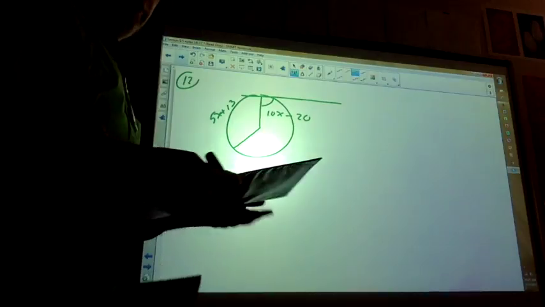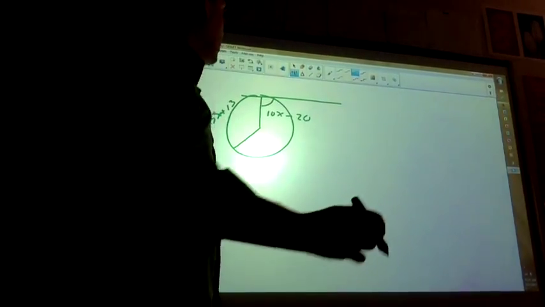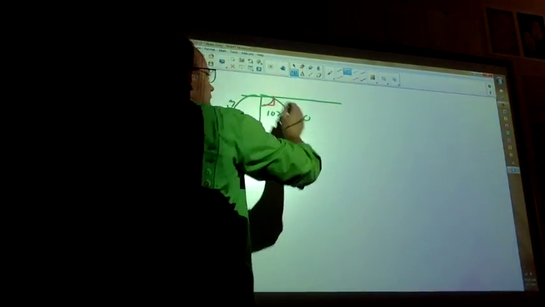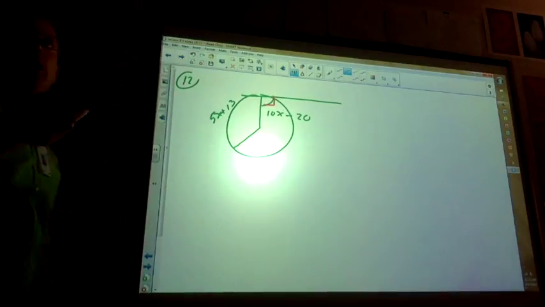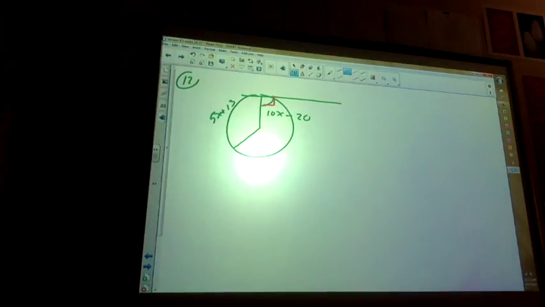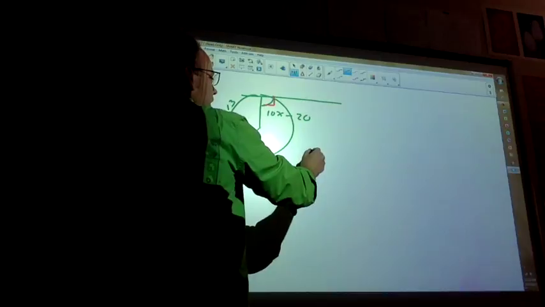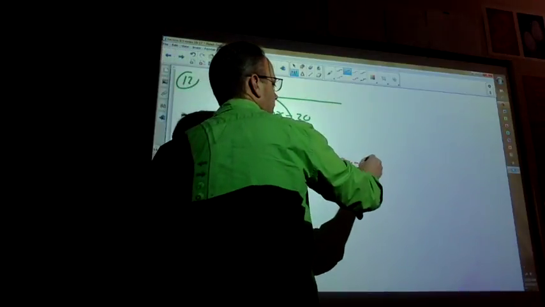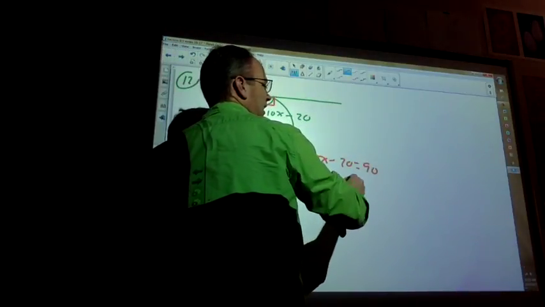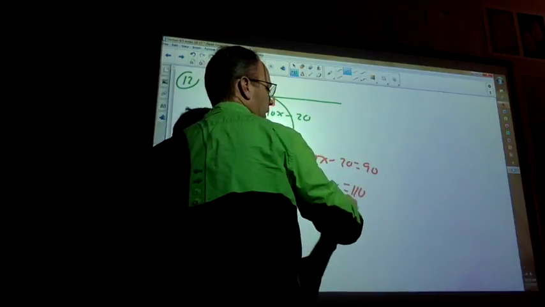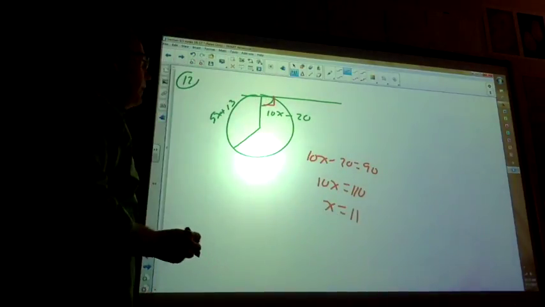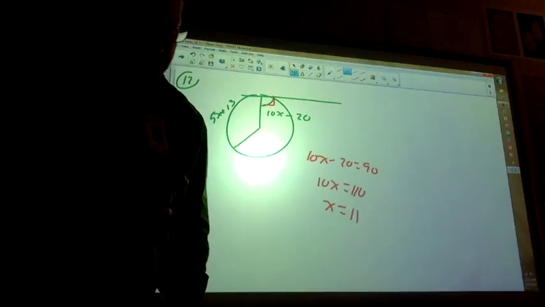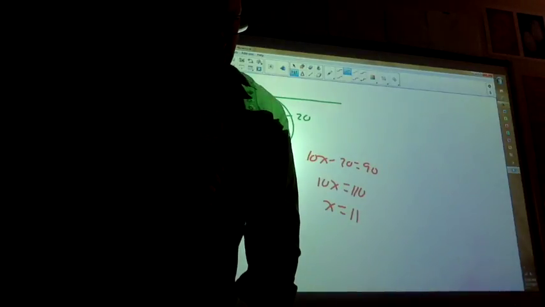All right, so the 10x minus 20, that's going to refer to this angle here as a 90-degree angle because you're talking about a tangent line. A tangent line to a radius is always 90. So I get 10x minus 20 equals 90. 10x equals 110. Is that right? 10x equals 110. Did I do that right? I did minus instead of plus.